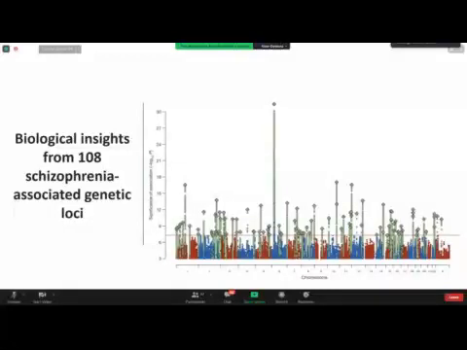And what we saw at the end is that there were certain regions, in fact 108 regions, that were more significantly associated with schizophrenia as compared to the control group. And the biggest association was on chromosome 6, the major histocompatibility complex.